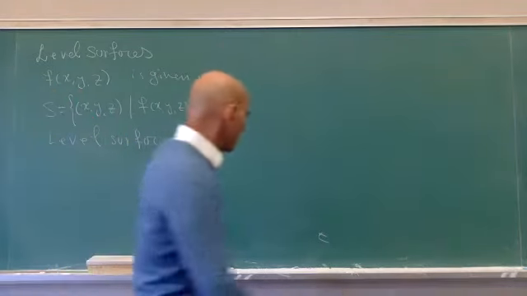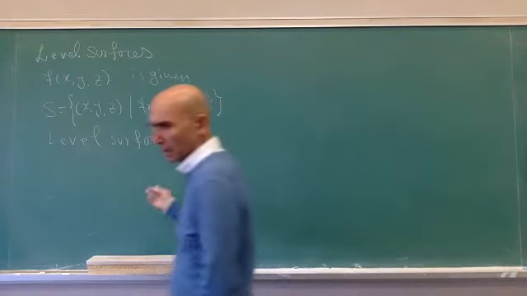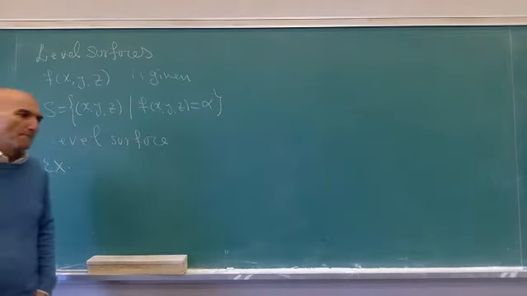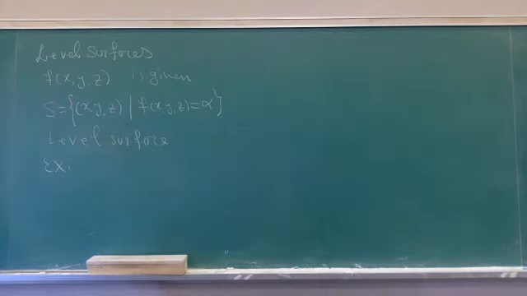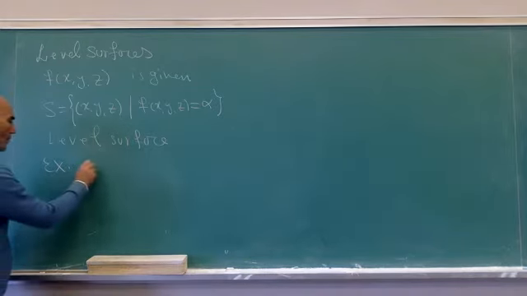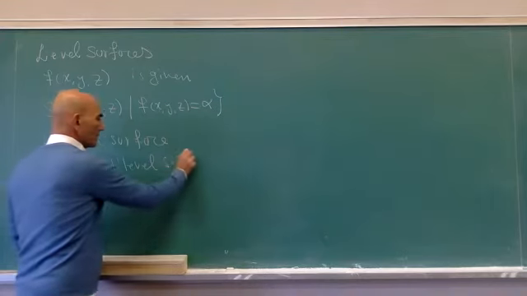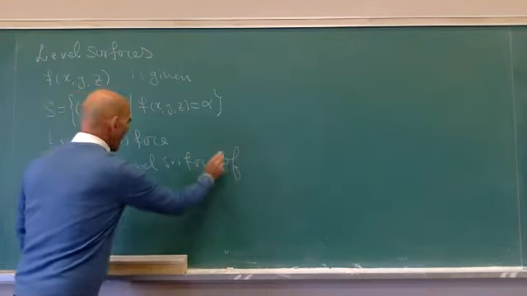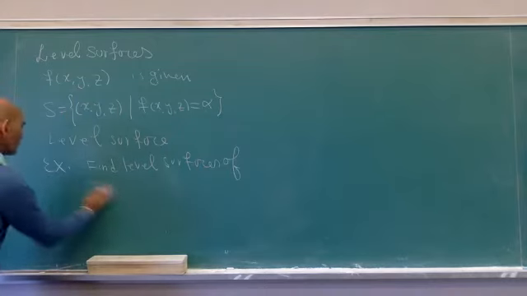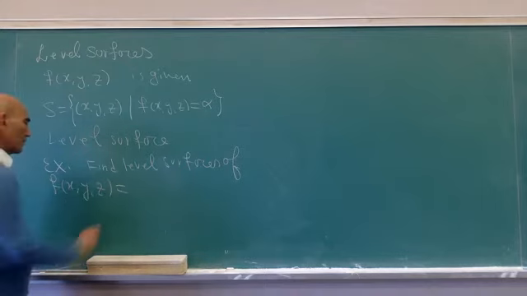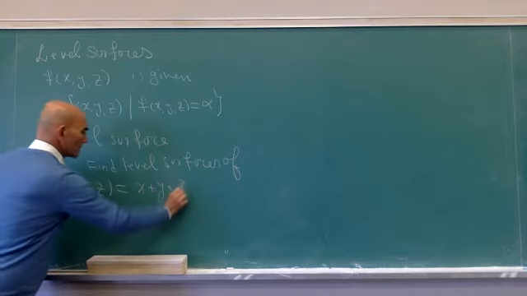Okay, so again, instead of talking in general terms, let me just give you an example and then you understand what's going on. Again, I start with a very simple case. For example, find level surfaces of f of x, y, z equal to x plus y plus z.